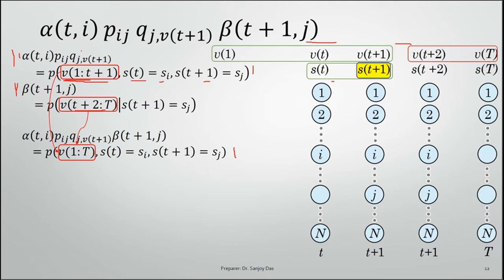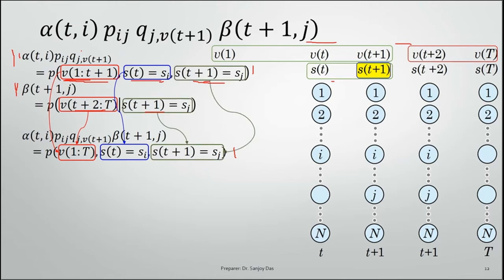I have St equals Si here, and that can be incorporated down here. I have St+1 equals Sj here, and from Bayes' rule, that gives me another joint event, St+1 equals Sj.